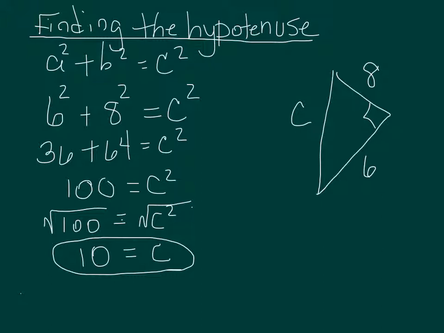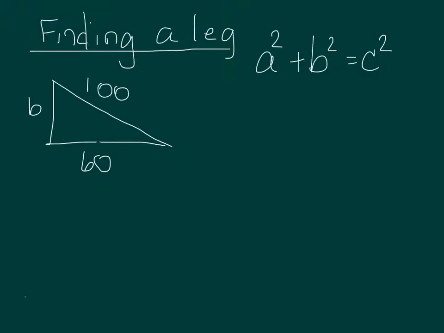But let's move on to the third page, finding a leg when we know the hypotenuse and one leg already. Okay, we're going to find the leg of this right triangle that we have been given the hypotenuse, which is 100. We've been given one side, which is 60, and we're told we don't have side B. We have to find that.